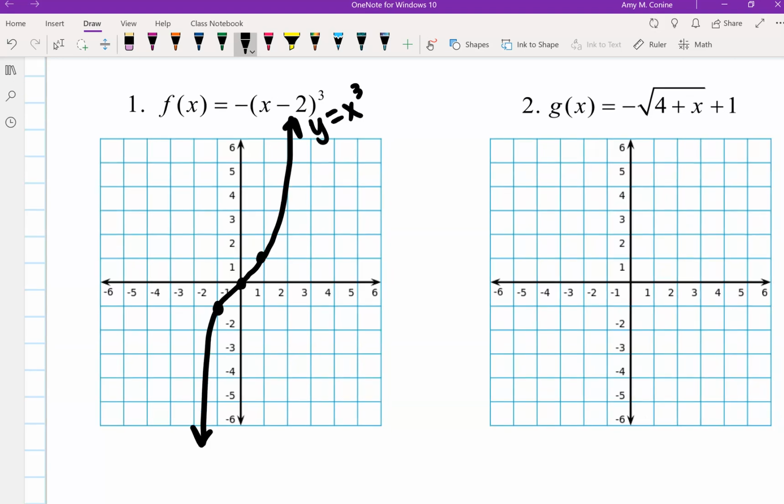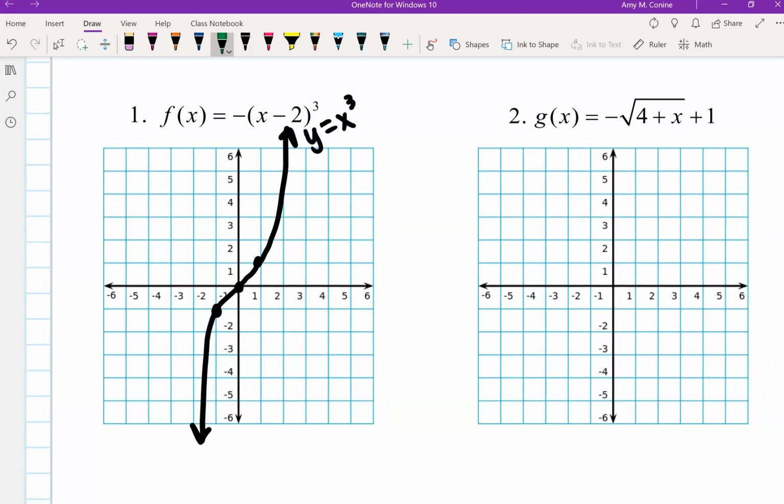So according to the steps that we just wrote, the first thing we're going to do is this h. Okay, we don't have a b. We do have an a right here, so we're going to do that second. So the first thing I'm going to do, I'm going to look at this h. It's a -2, which means I have a shift... right 2.